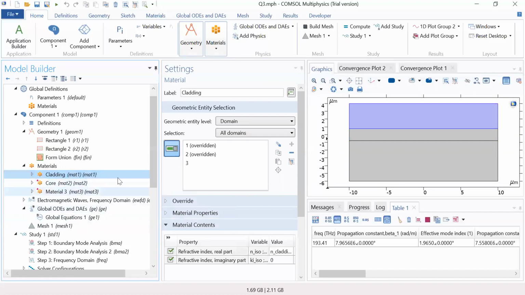For the cladding, I just put the region value, which equals 3, not showing the overriding value. Which means the third region will automatically take the value of n cladding, which corresponds to 1.7.